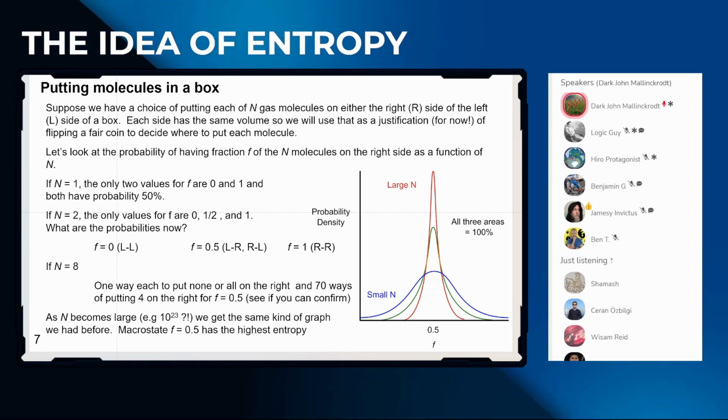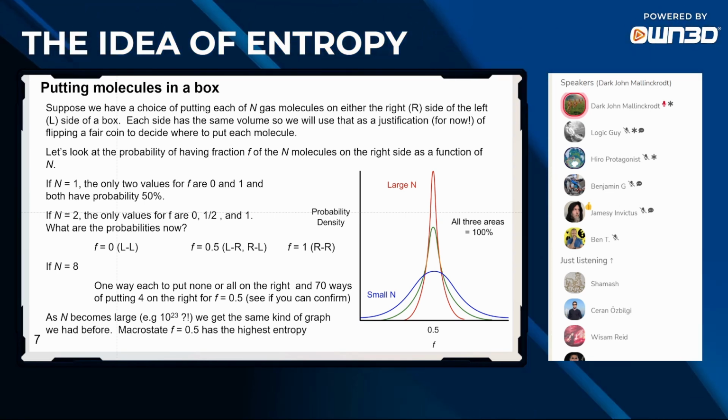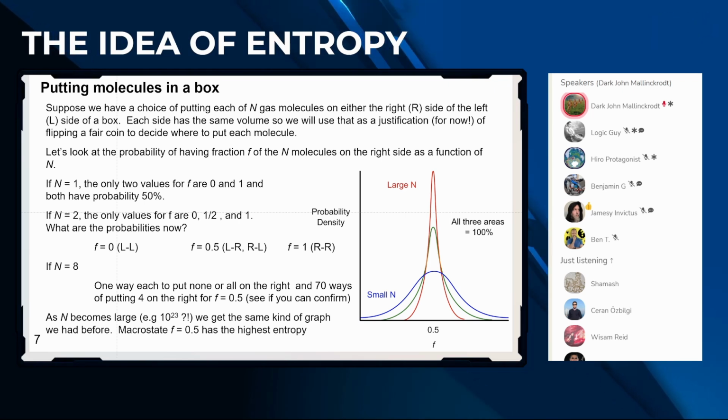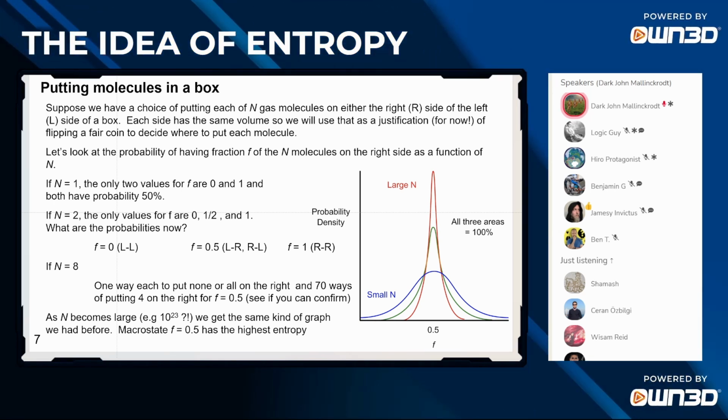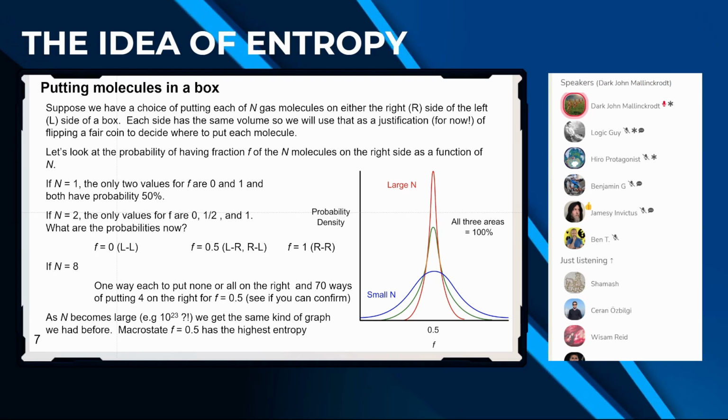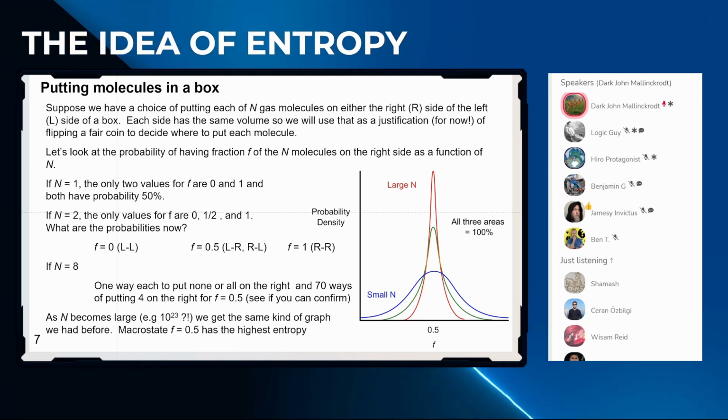If you looked at the molecules every tenth of a second, took a picture every tenth of a second, just to see where they are, you'd have to wait, and I haven't done this calculation, but I'm guessing, probably an incomprehensible number of ages of the universe before you'd ever see 40% of them on the right or the left. Those are the kinds of numbers that you get when you get to 10 to the 23rd molecules.